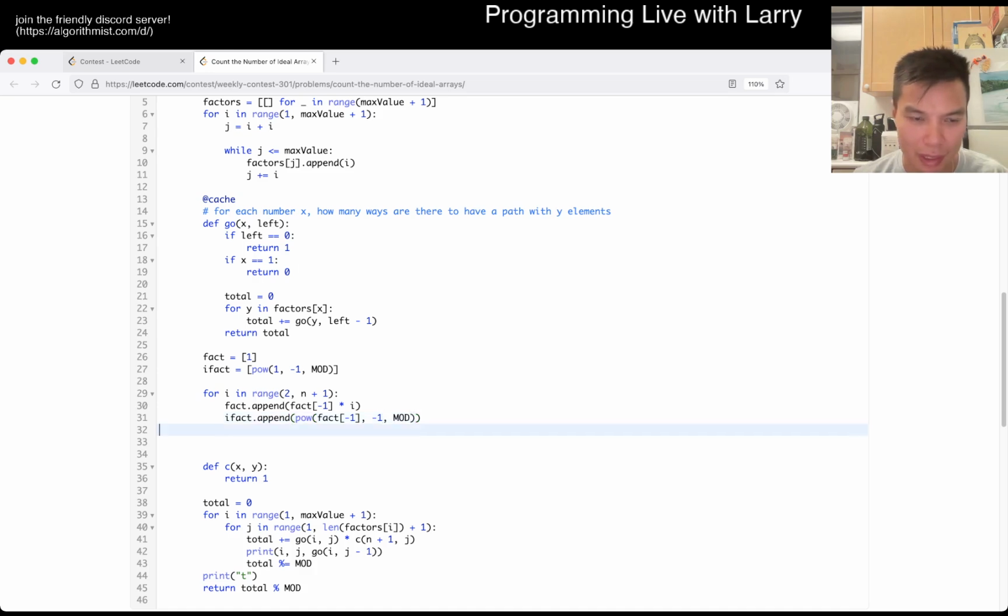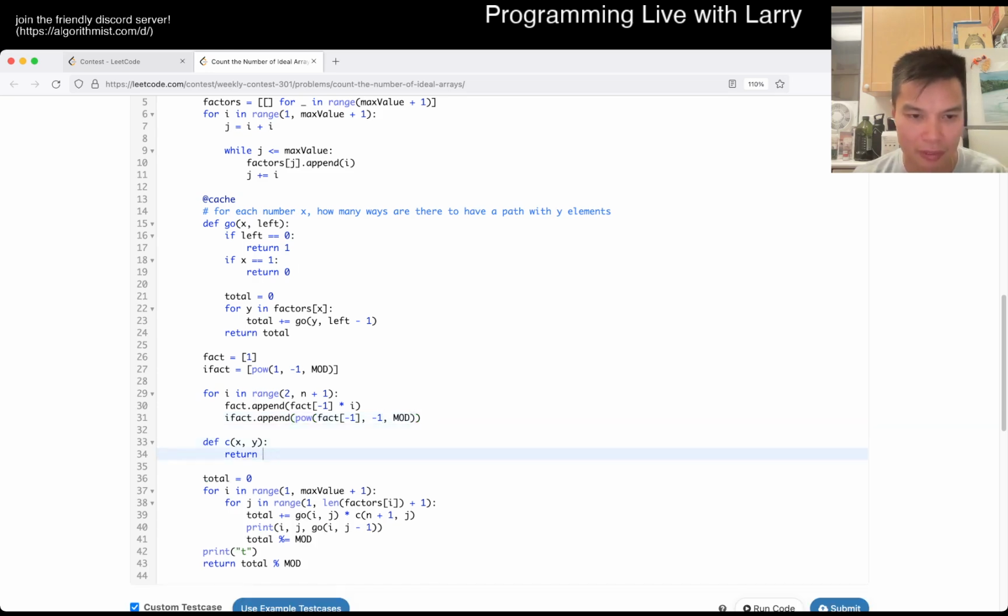Okay, and then choose of this is just factorial. Oh, I have to mod this. I think last time I forgot to mod too.